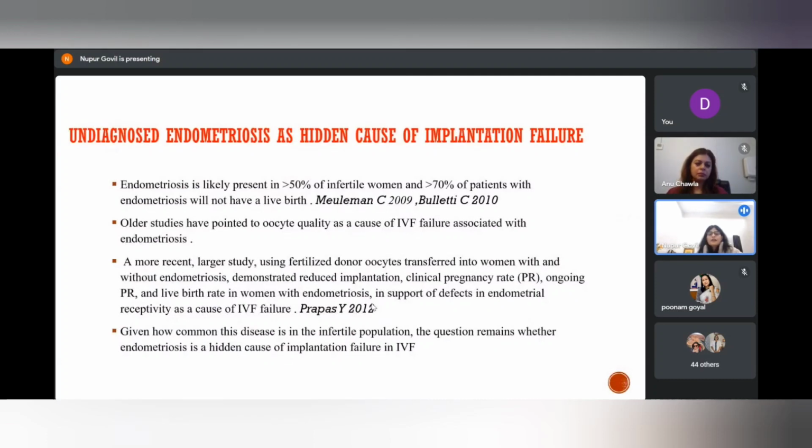Earlier we used to blame oocyte quality as the main reason for endometriosis failure, but recently a study found that implantation failure is the most important reason for recurrent implantation failure in endometriosis.